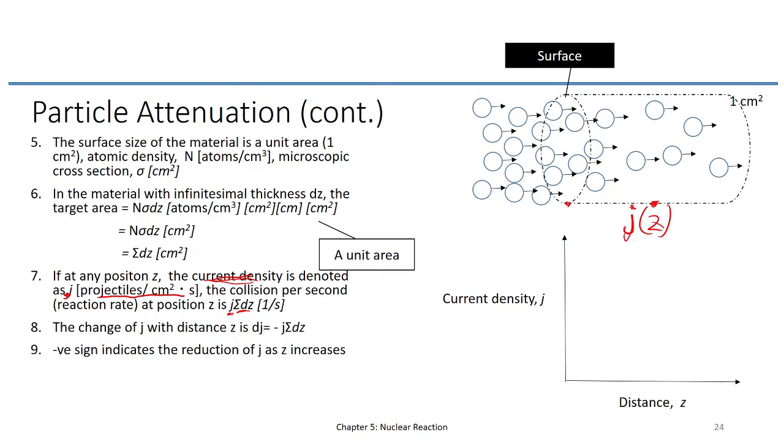So this is your current density, this is your area. So in 1 second, at any particular position, here or here, anywhere, you can calculate that the reaction rate is j uppercase sigma dz.